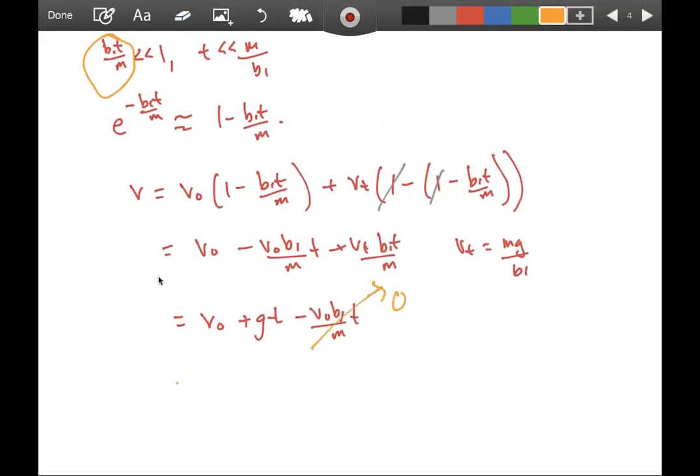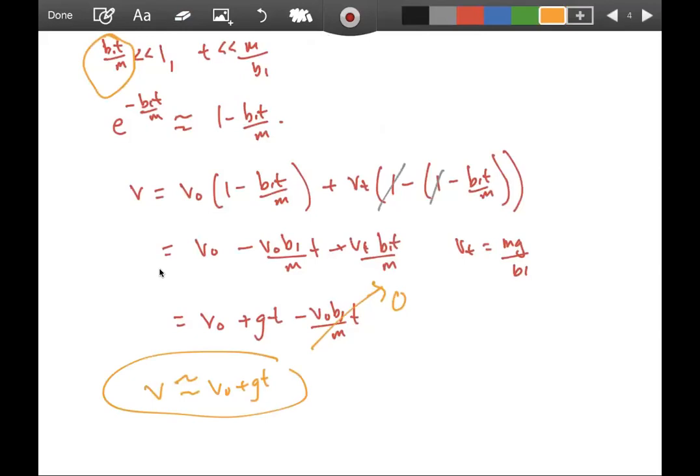So this thing is approximately just equal to v0 plus gt. So again, at early times, this is just linearly growing. This thing is simply in free fall, which means that it is only experiencing the acceleration due to gravity. Great.